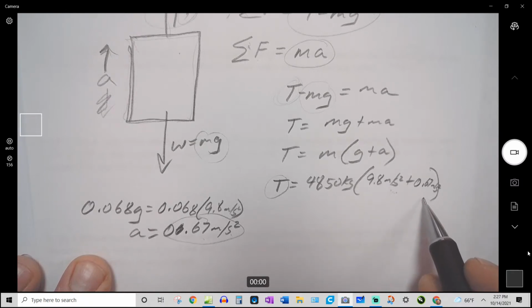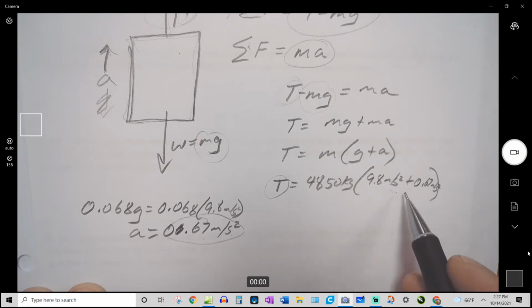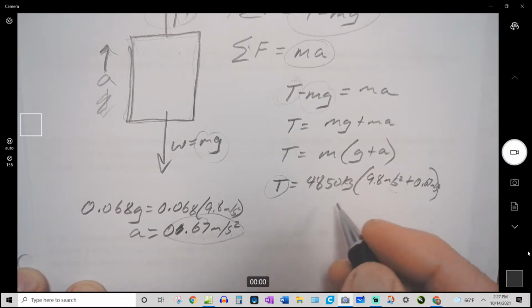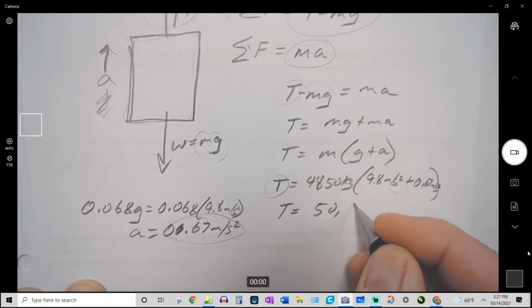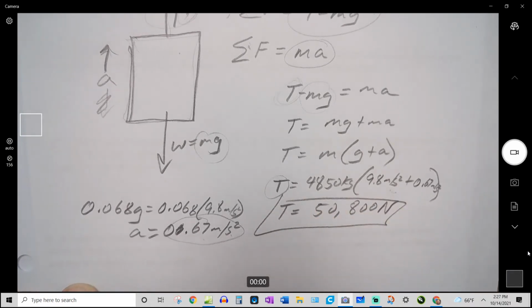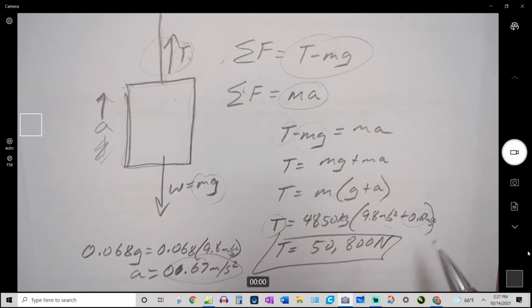When I add those two together, I did this all at once last class. I think I got 10.47, and then multiplied by 4850, and I got the tension of 50,800 newtons. So that's the tension in this string when you have positive acceleration.